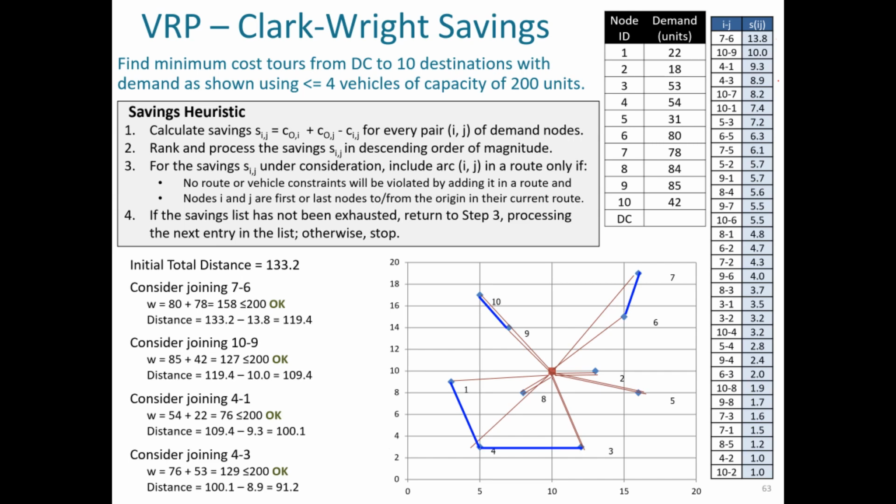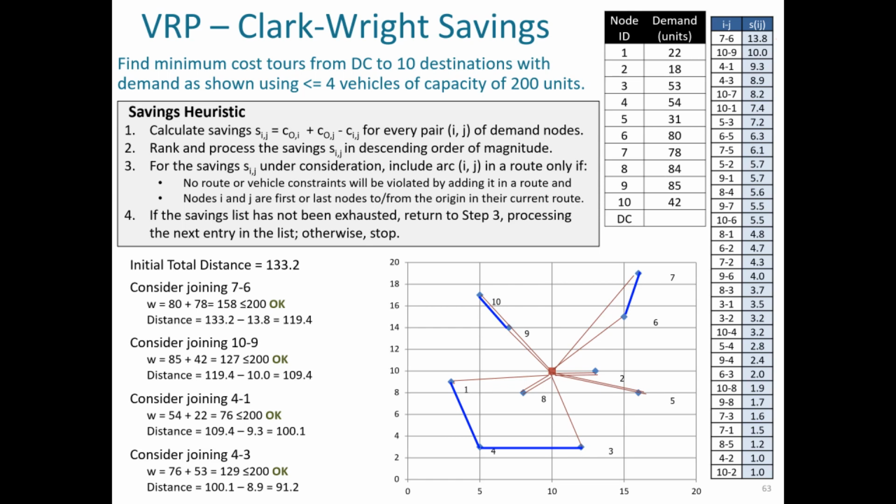I compare the capacity. The vehicle going from 1 and 4 had a load of 76, and I'm adding 53 more units for node 3, a total of 129, still less than the 200 capacity, so I'm good to go.